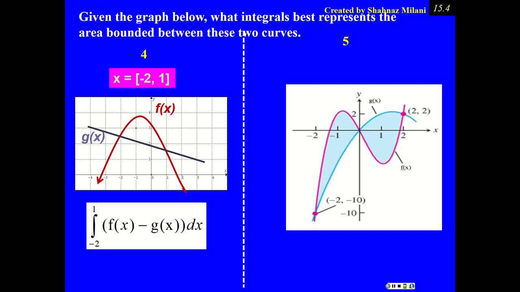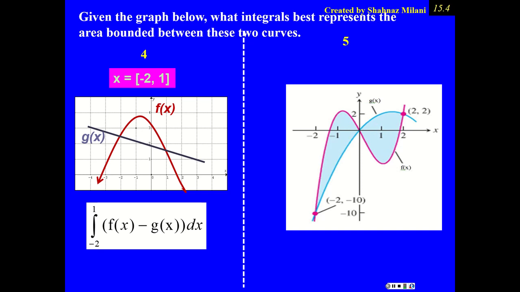That means if I have 3 spots where they intersect with each other, this one is my first area and this one is my second area. I have 2 areas.